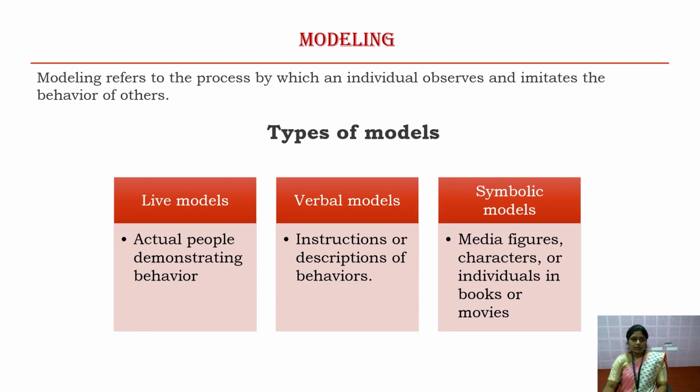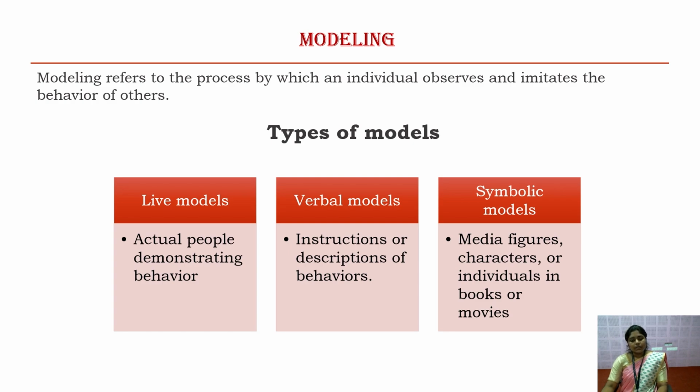Next is modeling. Modeling refers to the process by which an individual observes and imitates the behavior of others. There are three types of modeling. The first one is the live model. A live model is nothing but actual people demonstrating the particular behavior, and the observer reproduces it. The second one is the verbal model.